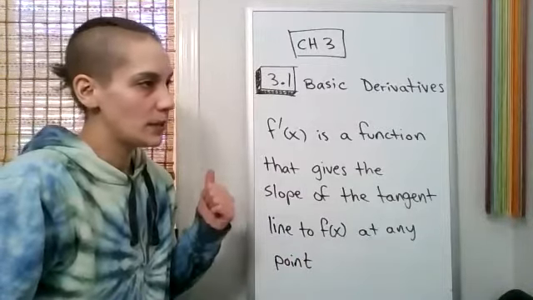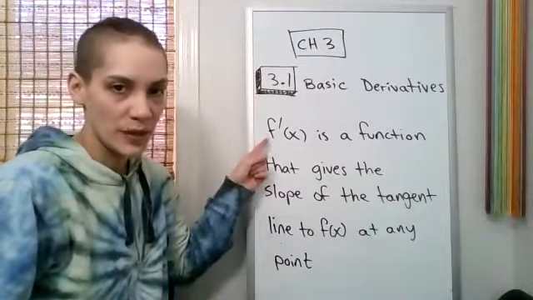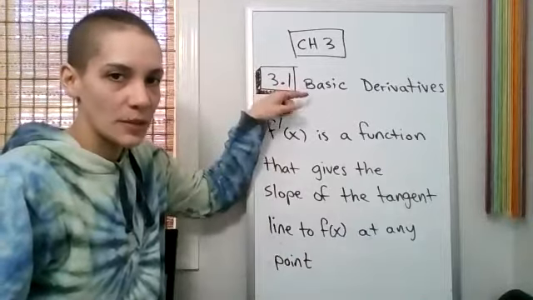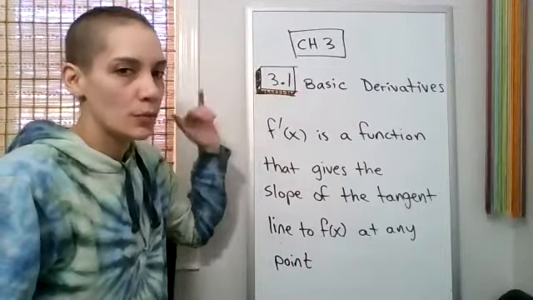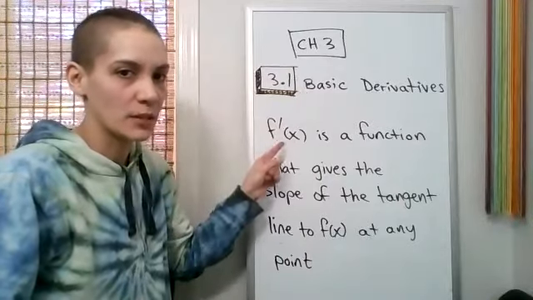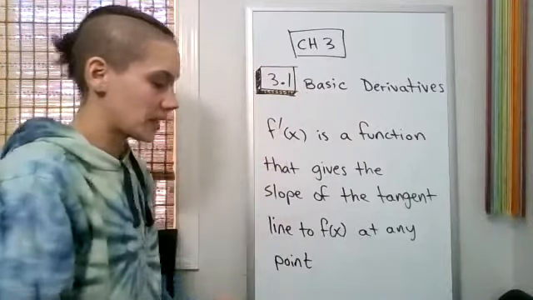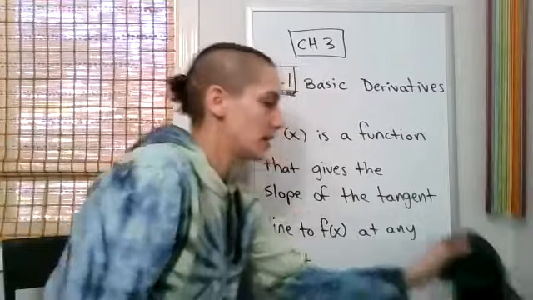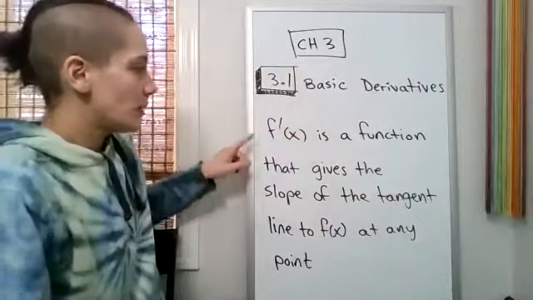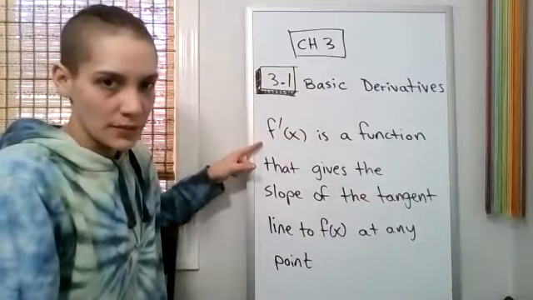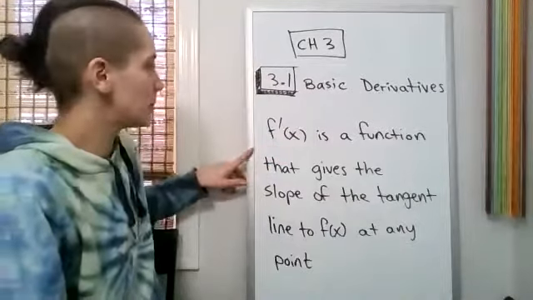So I will put up also the definition for f prime of x, and in this chapter we start to find some properties and rules that we can use to get the derivative quickly and not do the limit every time. But if in doubt, just go to the definition and work through the problem.